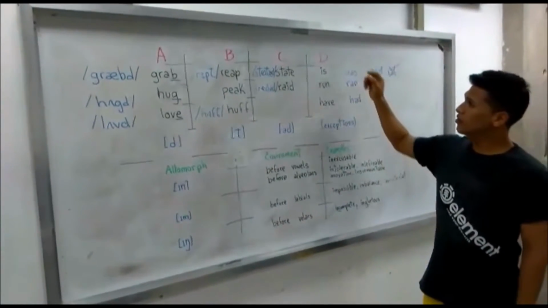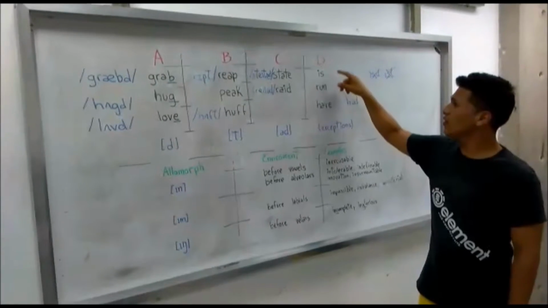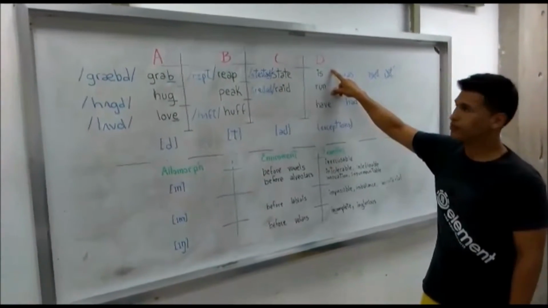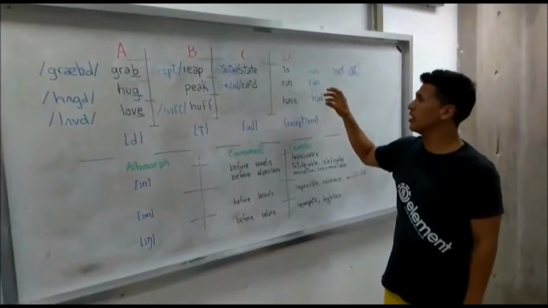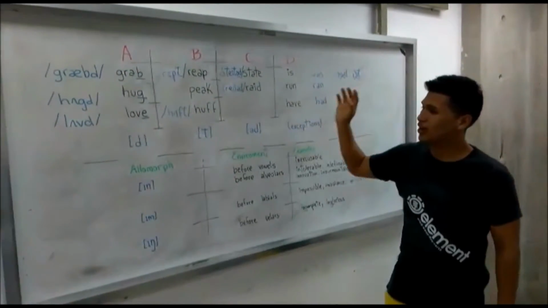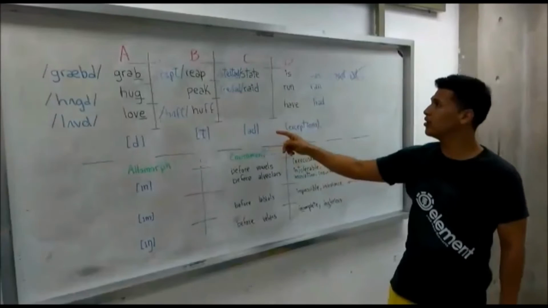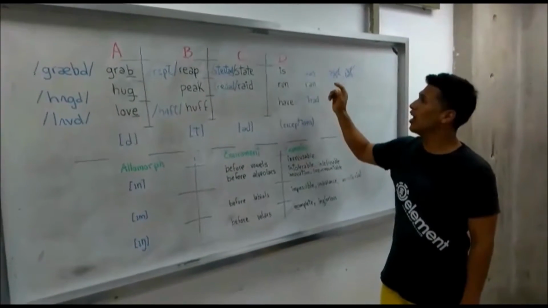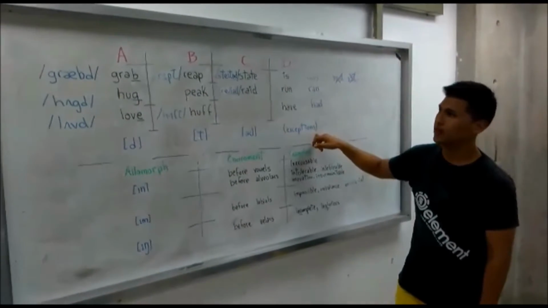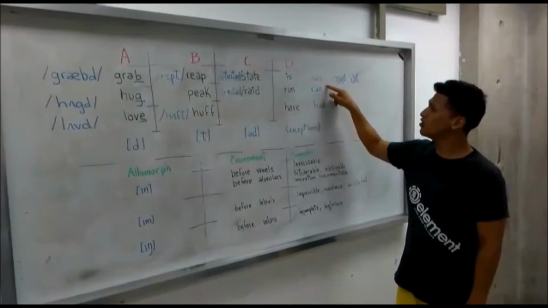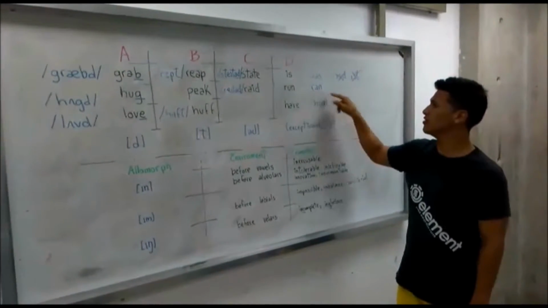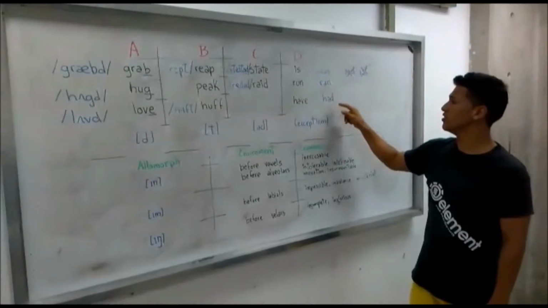The next example, in column D, we have the irregular verbs. We don't have to insert any sound like id, t, or d, because they are irregular and that's the exception. For example, is, past tense was; run, past tense ran; and have, past tense had.